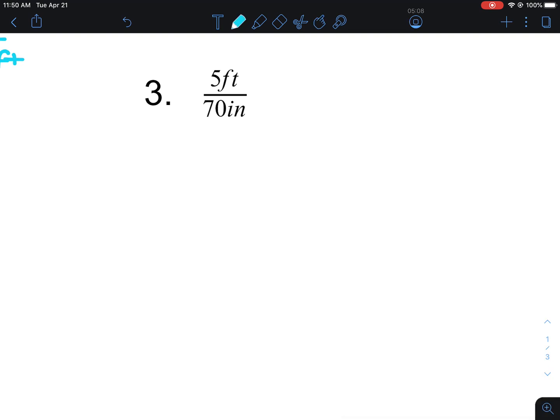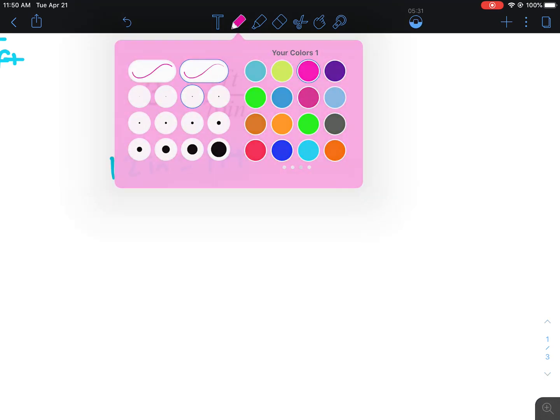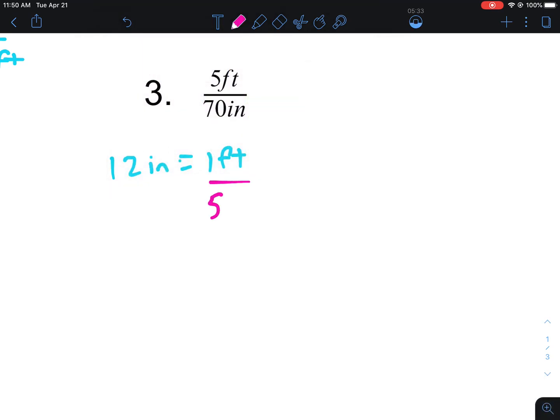So here, this is a more common conversion. We know there are 12 inches in 1 foot. You probably would not want to work with 70 inches, because if you know your times tables, 12 does not go into 70 evenly. So it would probably be in your best interest to just change 5 feet into inches. So that said, if I have 5 feet, how many inches do I have?